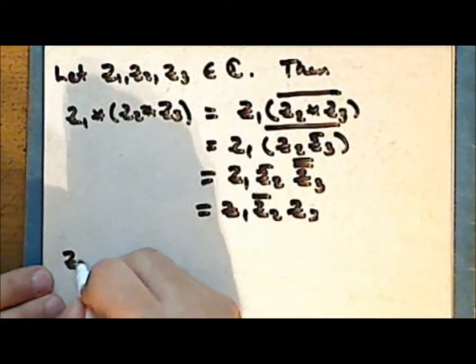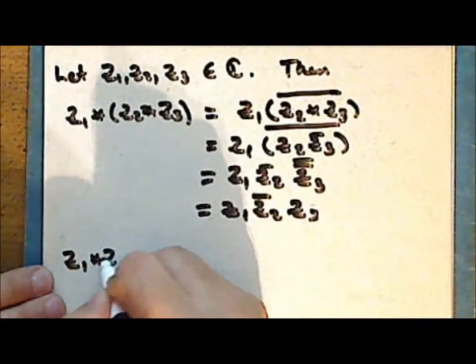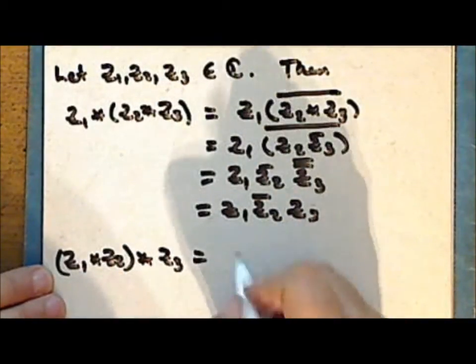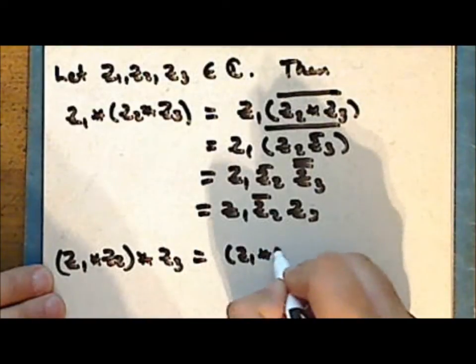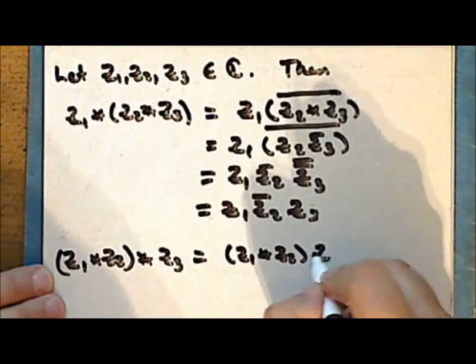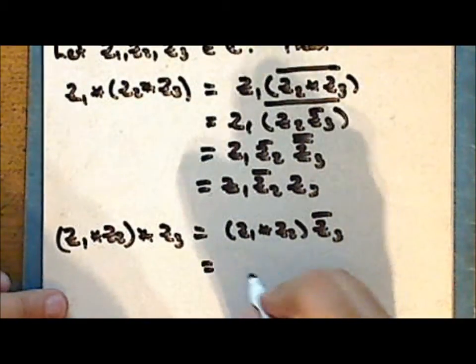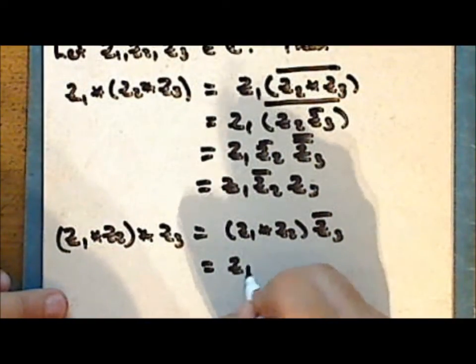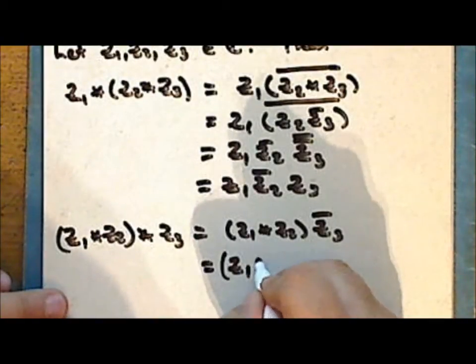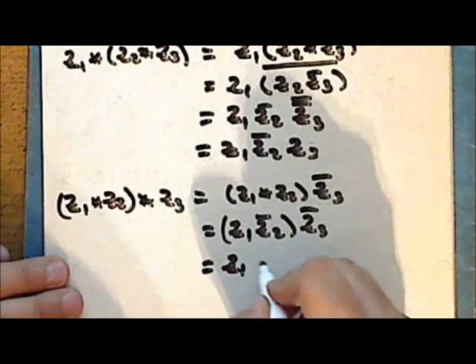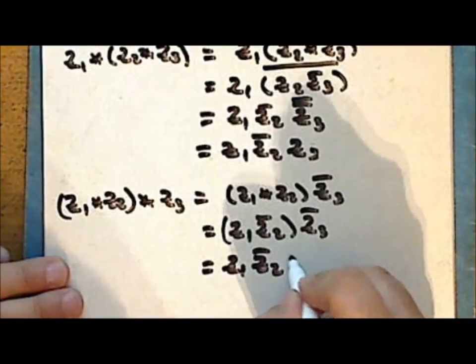So now we look at the quantity Z1 star Z2, star Z3. This gives us Z1 star Z2 times the conjugate of Z3. So this gives us the quantity Z1 times the conjugate of Z2 times the conjugate of Z3. And so this is Z1 times the conjugate of Z2 times the conjugate of Z3.